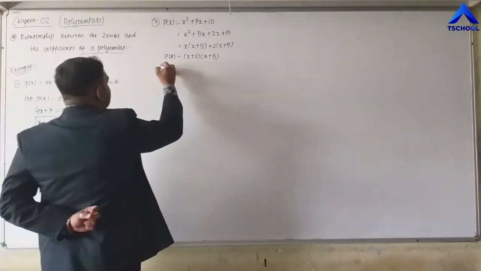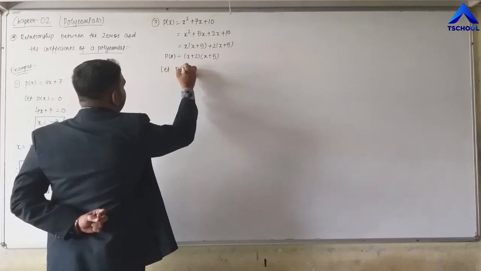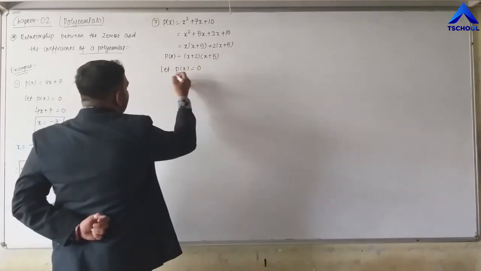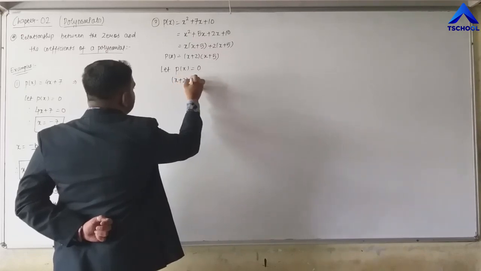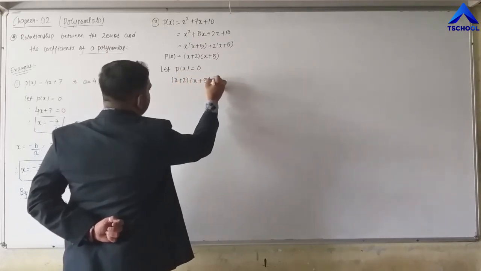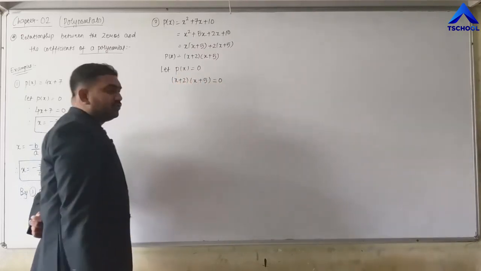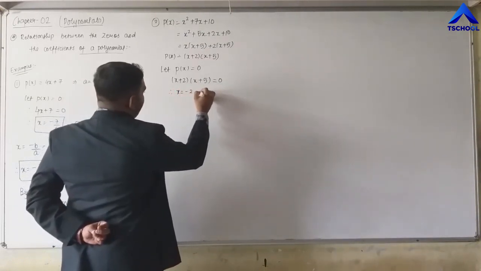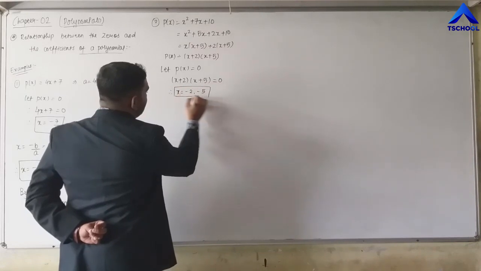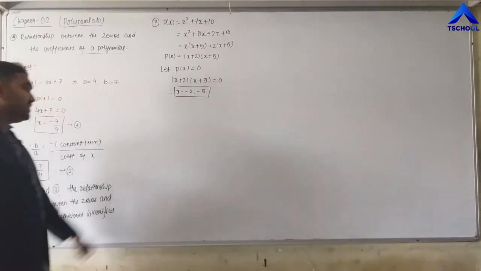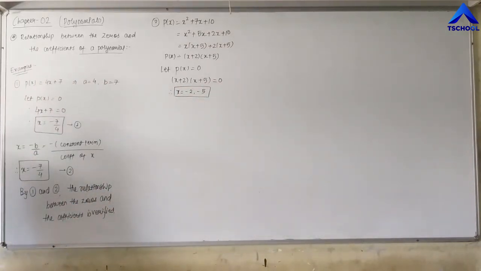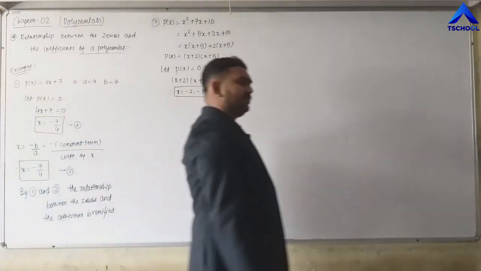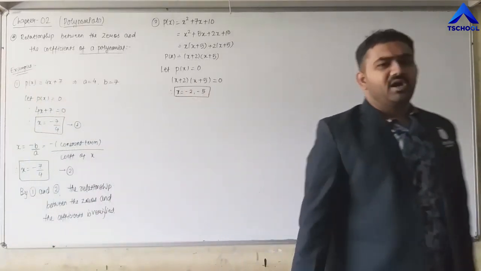Now to find the zeros, let p of x equal 0. That means x plus 2 into x plus 5 equals 0. Therefore, x equals minus 2 and minus 5. What are these? The zeros here. Thus, x equals minus 2 and minus 5 are known as the zeros of the given polynomial. You can check it by yourself. How to check it?